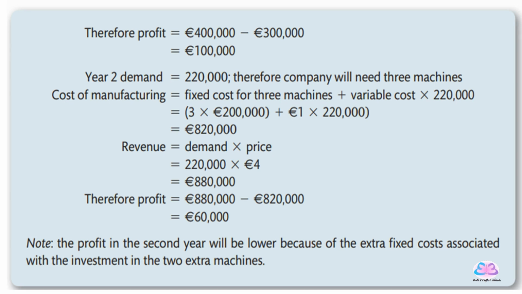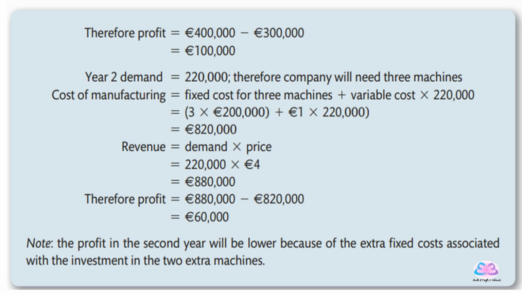In year 2, demand equals 220,000. Therefore, the company will need 3 machines. The cost of manufacturing equals the fixed cost for 3 machines plus the variable cost times 220,000, which equals 3 times 200,000 euro plus 1 euro times 220,000.